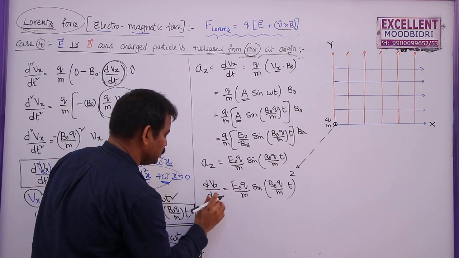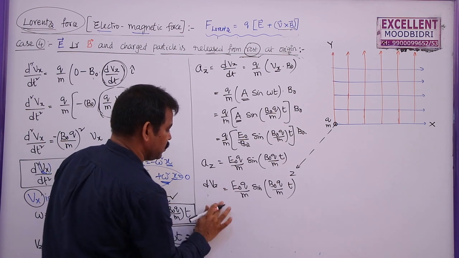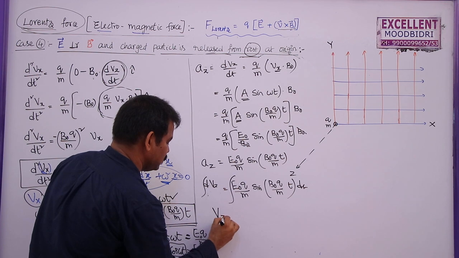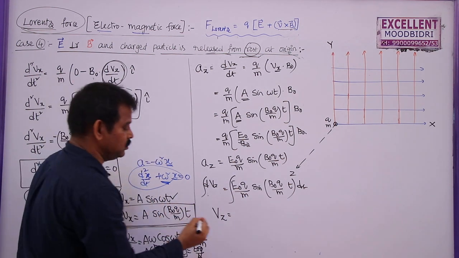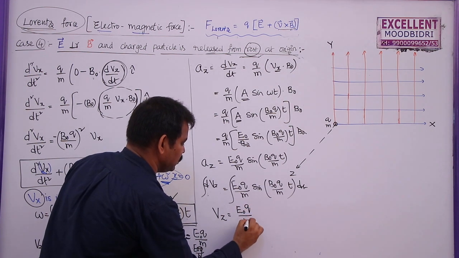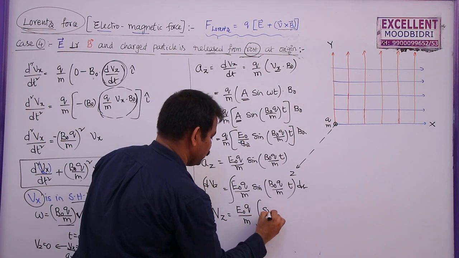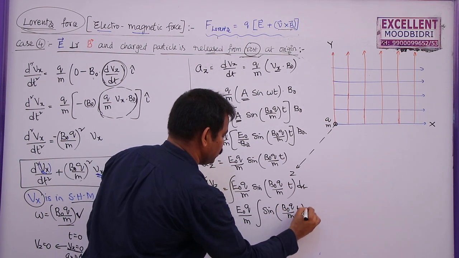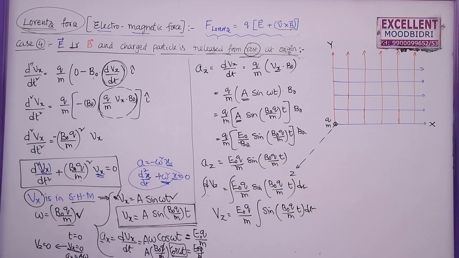Now this dvz is equal to this dt, and integrating on both sides, you will get the velocity along the z-axis. Bring the constants outside: the electric field strength is constant, charge q and mass m are constant, and the integral of sin(B naught q by m into t) dt.